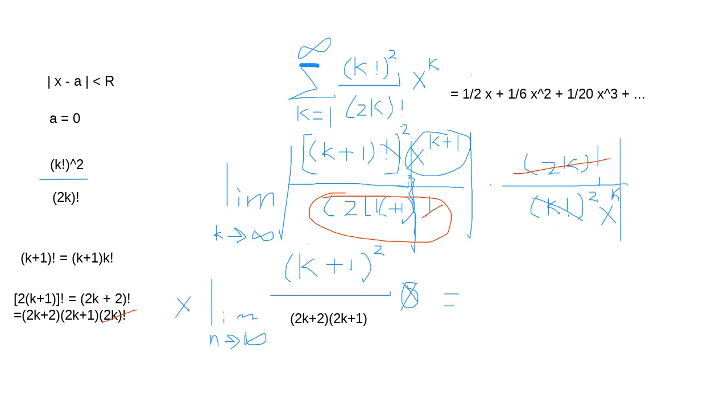So the limit we get is 1/4. So we have 1/4 absolute value of x. Of course, we want to put an absolute value on x because x can be positive, x can be negative, right? X is a variable, but k is positive.